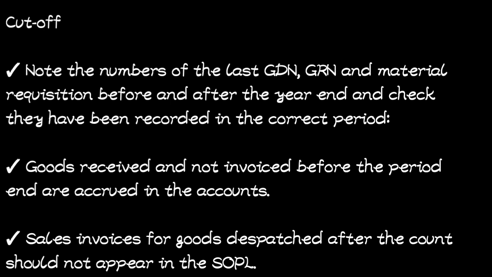Then you also make sure that goods that were received but not yet invoiced before the period end are accrued in the accounts. Like you received the goods but you haven't paid for them, so they are accrued in the accounts.